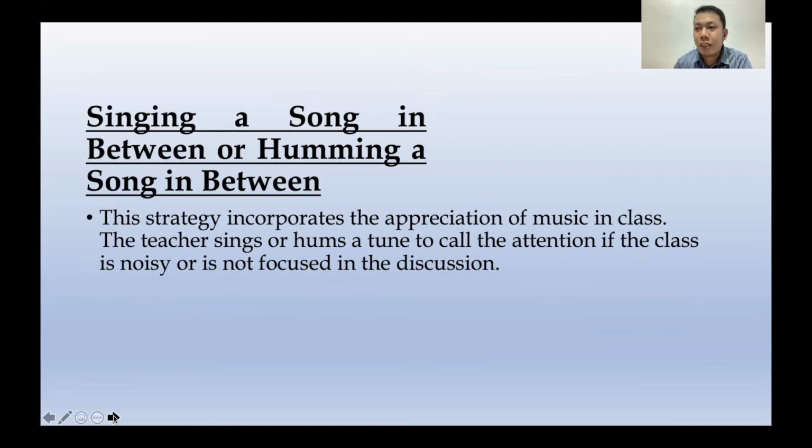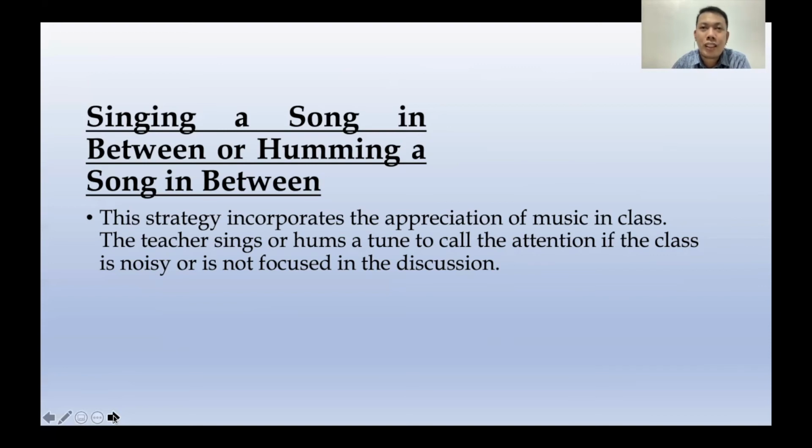You know? Let's say, for example, the whole class will be doing an activity. So to get their attention, of course, you have to set the rules first. You cannot just sing, no, in front of the class without setting it. That when they hear you sing, they have to stop what they are doing. When they hear you hum, they have to continue what they are doing.